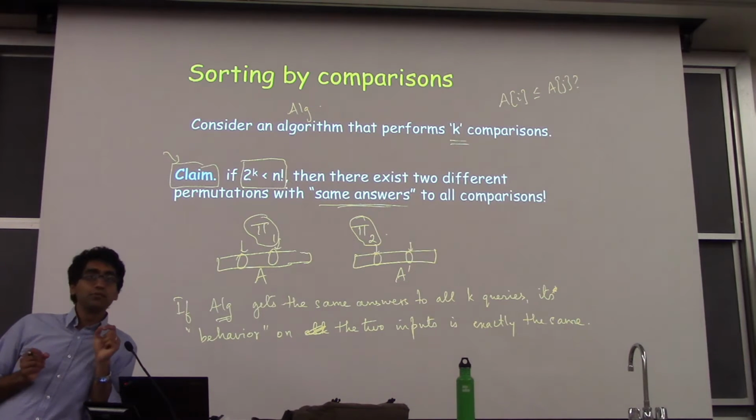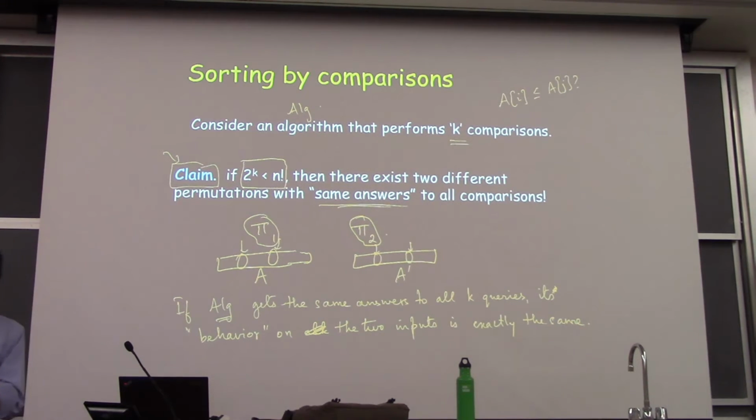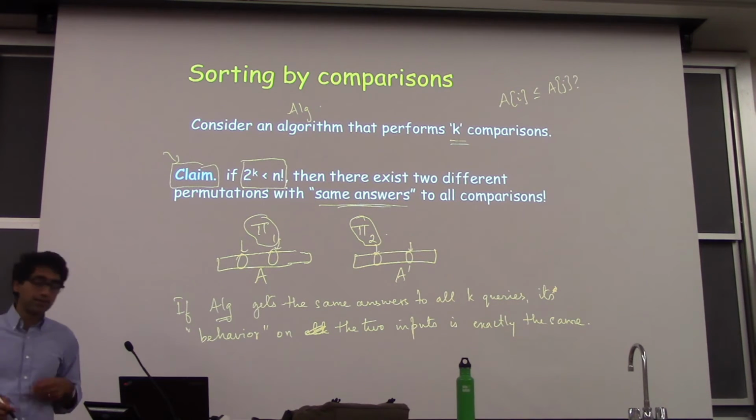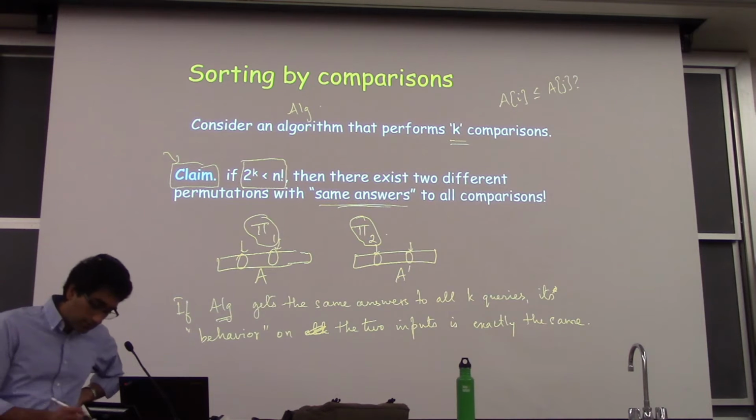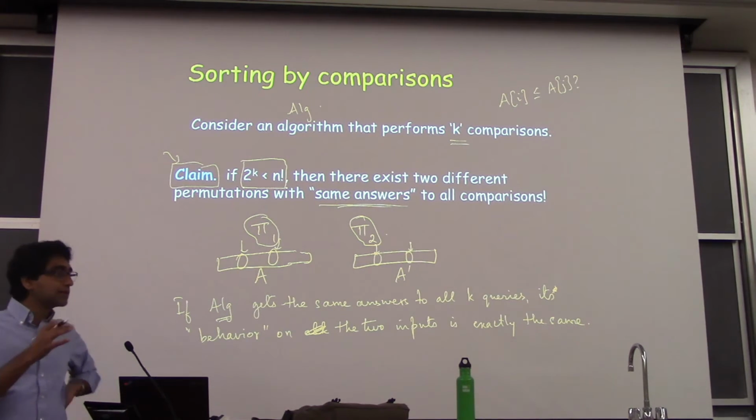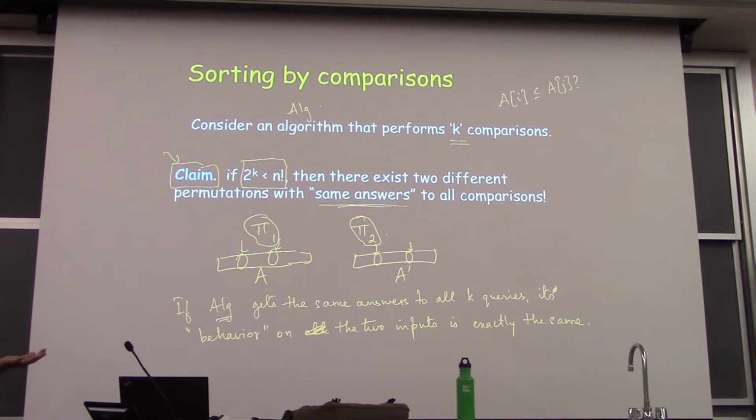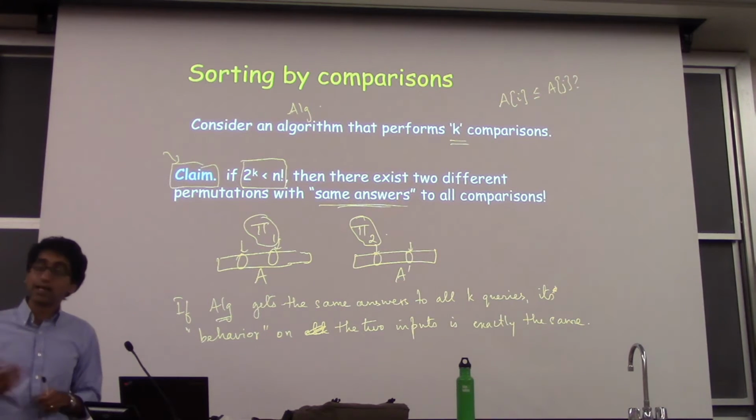Is this point clear? Because the algorithm interacts with the array just by doing these comparison queries. This is where we are using this fact: if two permutations produce the same answers, then its behavior is exactly the same.